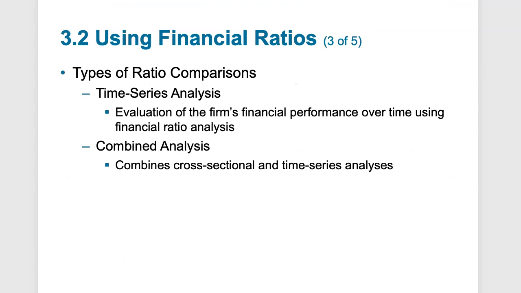We can also use the time series of financial ratio analysis, where we want to look at how a company's been performing over time. So let's look at the last 5 years, and we can see in different financial ratios, are they improving over this 5-year period, or are they declining? And hopefully we would want to figure out the reason why we see any large differences.